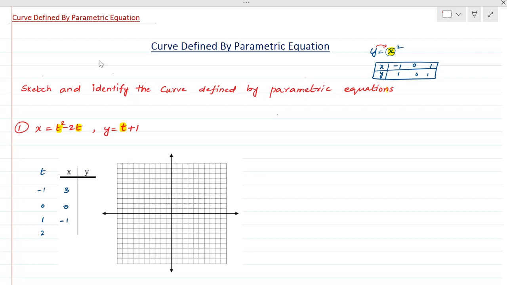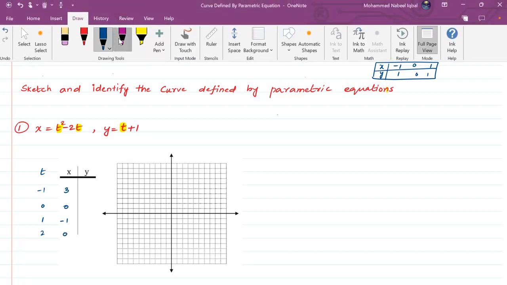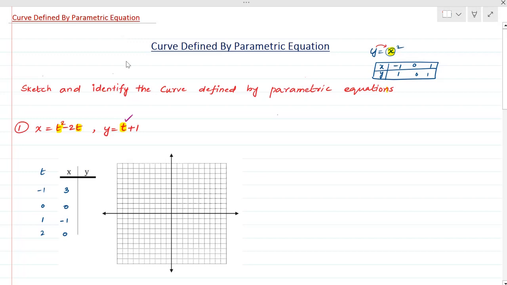And when you substitute 2, it is 4 minus 4, which equals 0. Now the same thing I have to substitute in the y equation. When I substitute -1, plus 1 becomes 0. When I substitute 0, it becomes 1. Then when I substitute t equal 1, it is 2, and when t is 2, it equals 3.